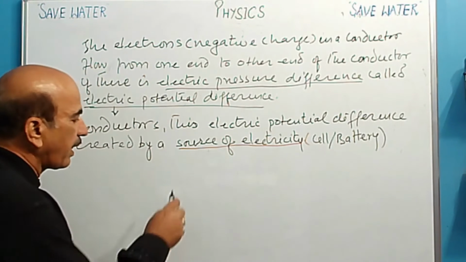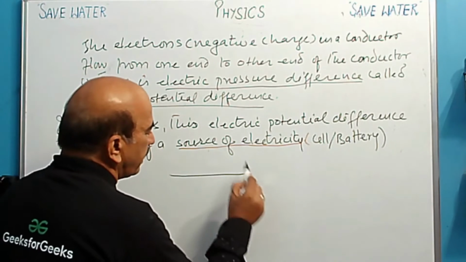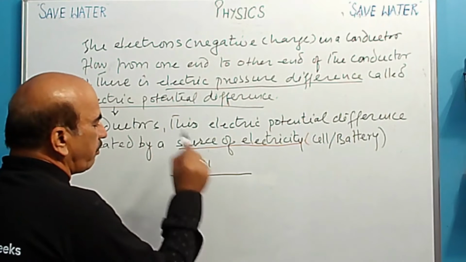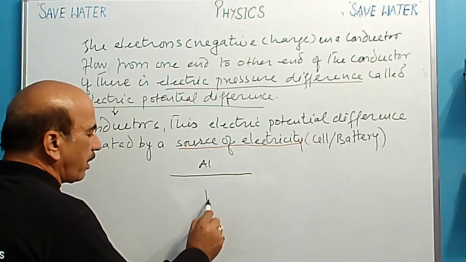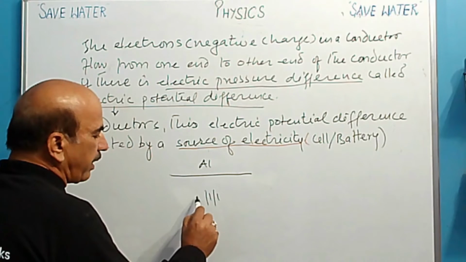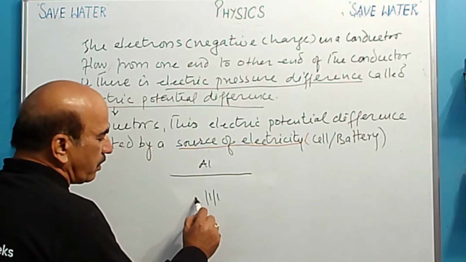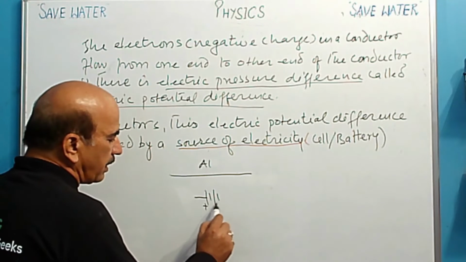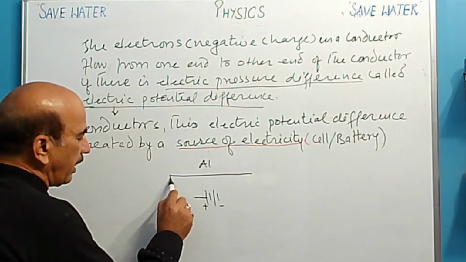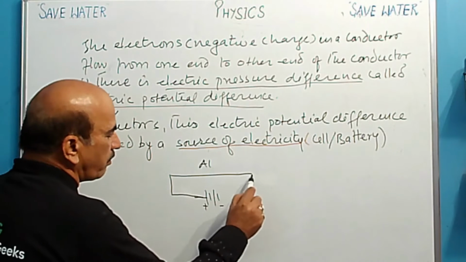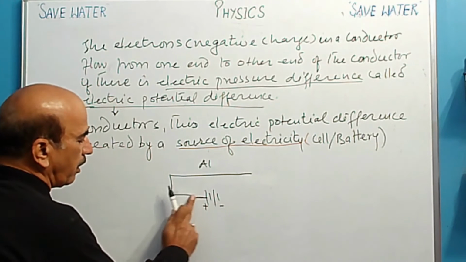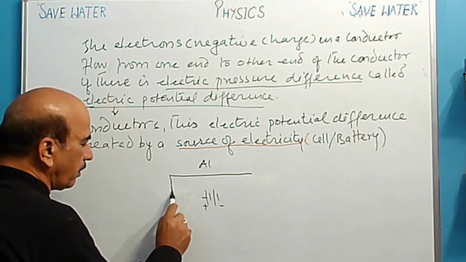So when we connect a conductor, this is a conductor, we have taken an aluminium wire. When this is connected to a battery, this is our battery, the battery symbol, this is the positive terminal and this is the negative terminal. When we connect it here, what will happen?